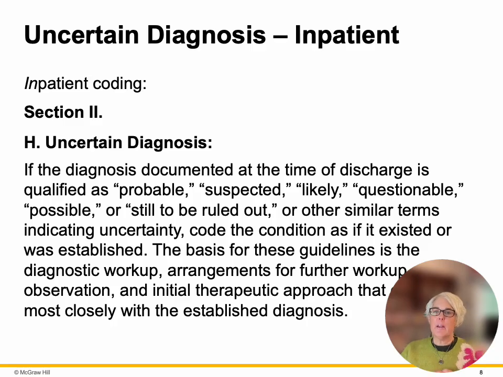So, for example, if the patient had bacterial pneumonia and the provider in the discharge summary stated that it was probable bacterial pneumonia, responded to an antibiotic given in-house, I would treat that as a bacterial pneumonia. I would code that as a bacterial pneumonia. In an outpatient setting, of course, we wouldn't do that. We would code it as the signs and symptoms, depending on what the provider documents.